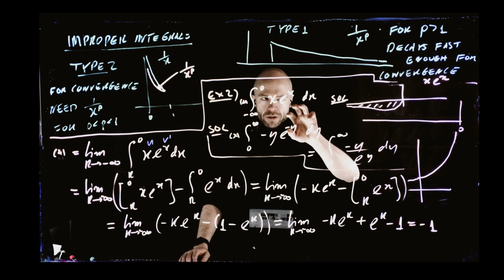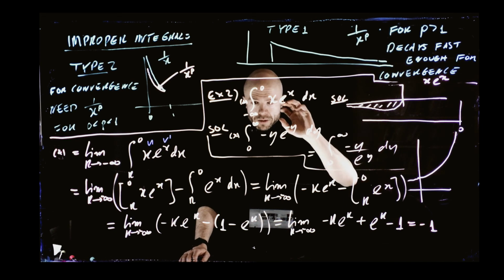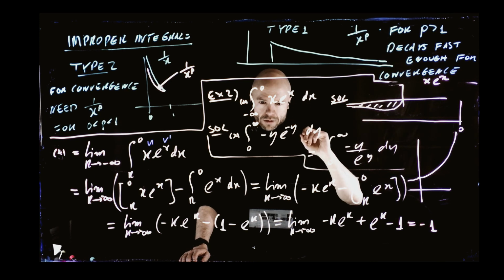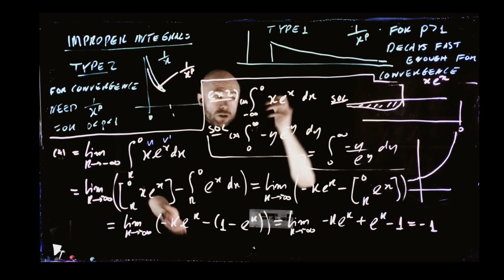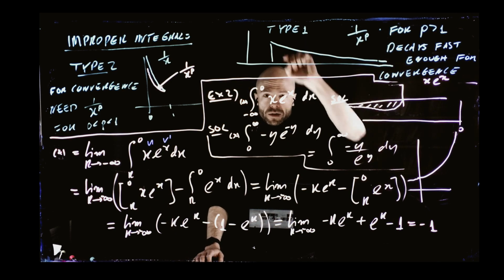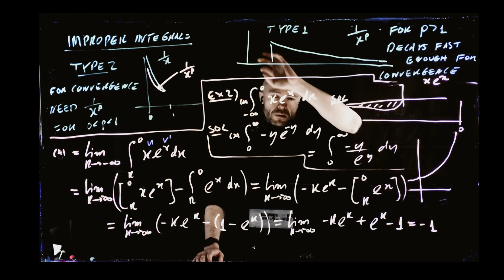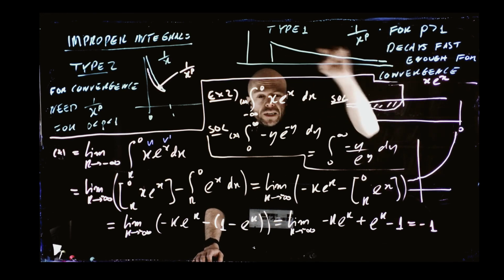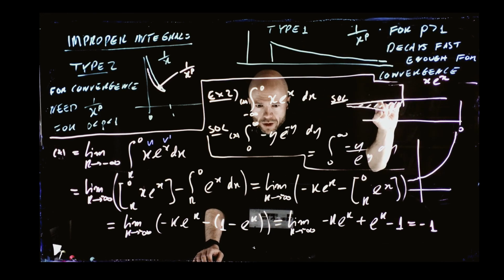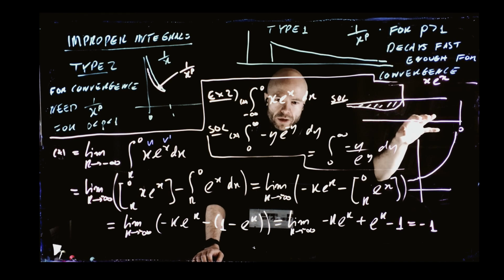And I claim that your intuition, if you think a little bit about what e to the x is like, would give you that answer. Okay? And it's a special case of this principle that e to the x, as x goes towards negative infinity, is indeed going down to 0 a lot faster than 1 over x. Possibly faster than 1 over x. You see what I mean?